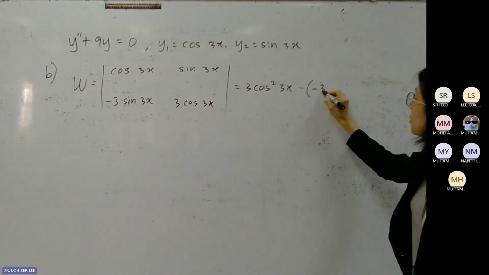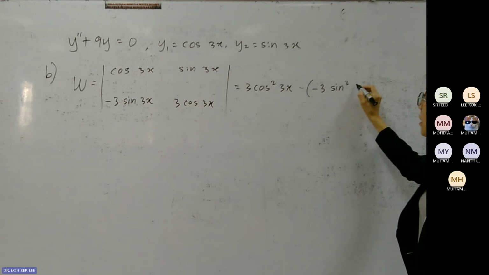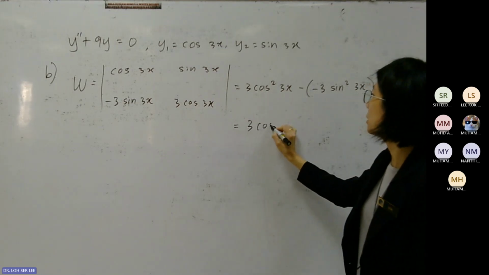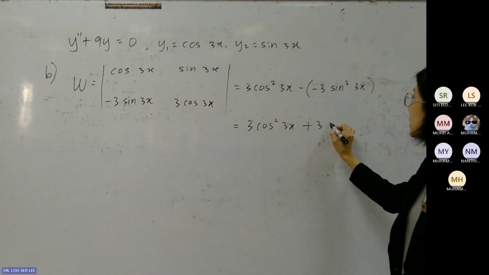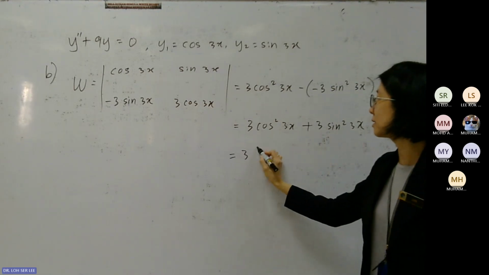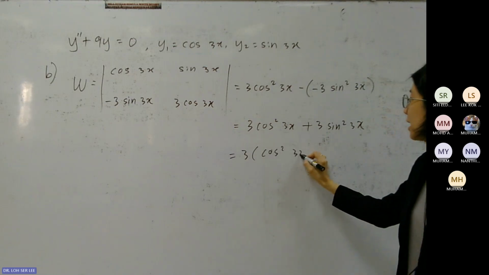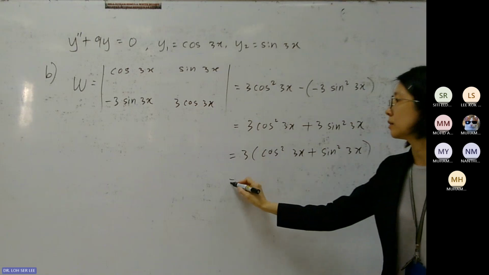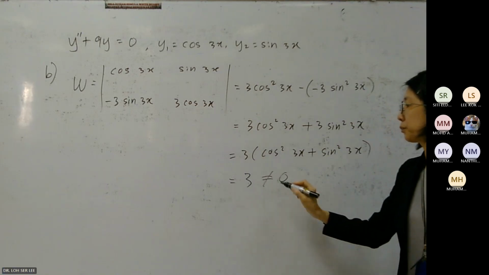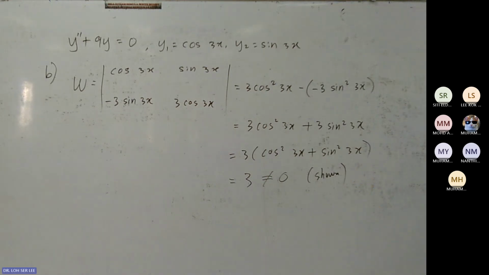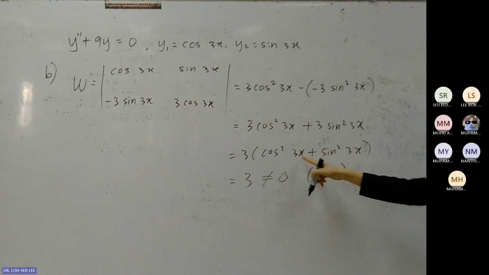Minus negative 3 sine square 3x. Okay, this means 3 cos square 3x plus 3 sine square 3x. We can factorize the 3. So what we have is cos square plus sine square with the same angle, which is 1. Cos square plus sine square with the same angle equals to 1.